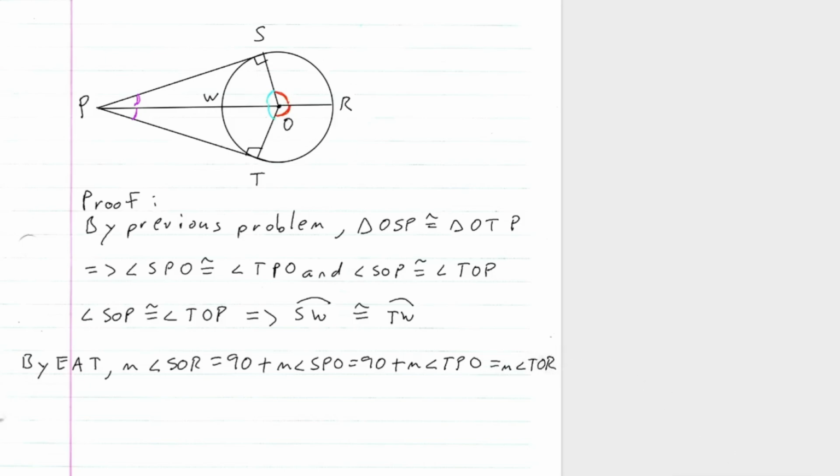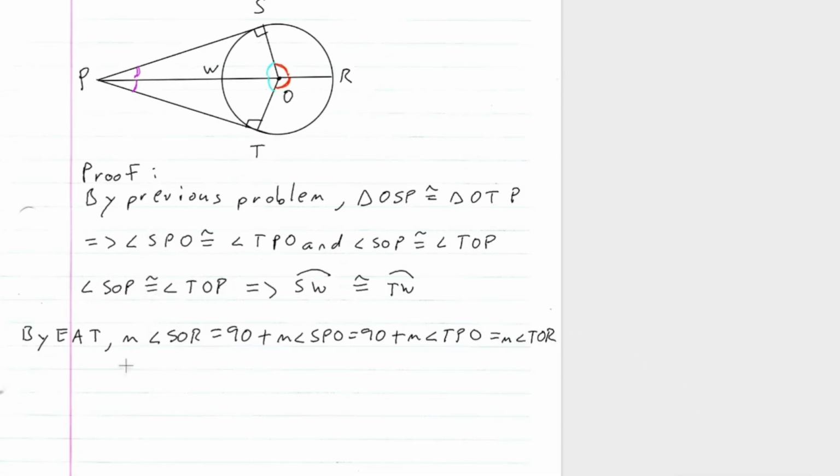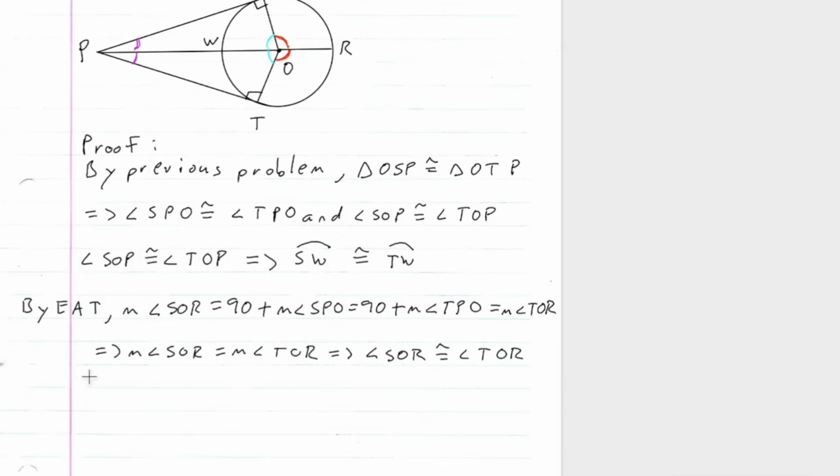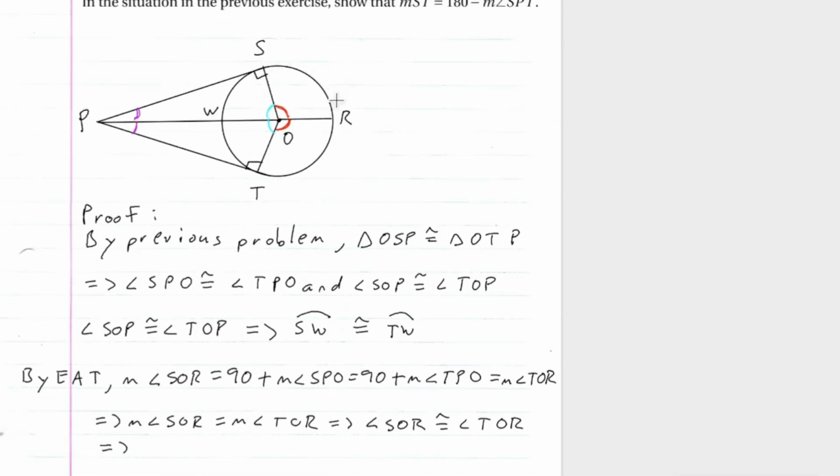So by using this exterior angle theorem argument, I'm able to show that the measure of angle SOR is equal to the measure of angle TOR. So since their measures are the same, that means angle SOR is congruent to angle TOR. And since those angles are congruent and they're central angles, this implies that arc SR, because SOR is for arc SR, right?